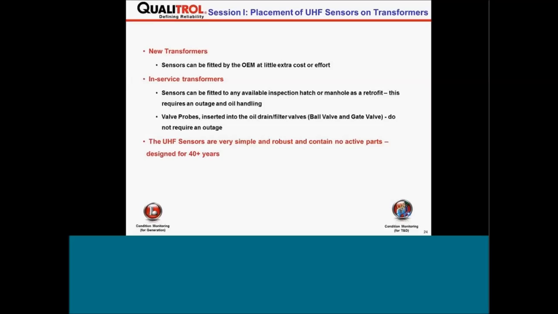So we're looking to very much use parts which require very little oil work. As I said, the sensors are very simple, very robust, and contain no active parts, and are expected to last the lifetime of the actual transformer.